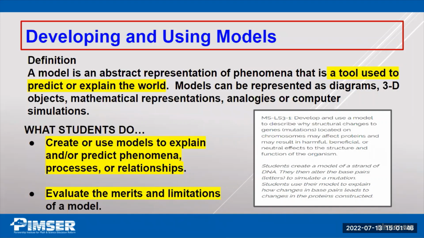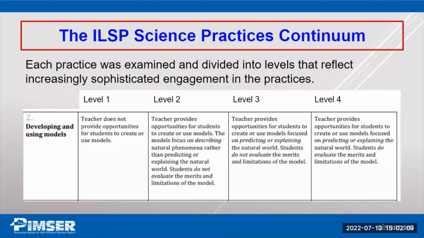They cite an example of a class activity helping students as they work towards understanding that might have them creating a model of a strand of DNA. They then alter the base pairs, the letters, to simulate a mutation. Students use their model to explain how changes in base pairs lead to changes in the proteins constructed.